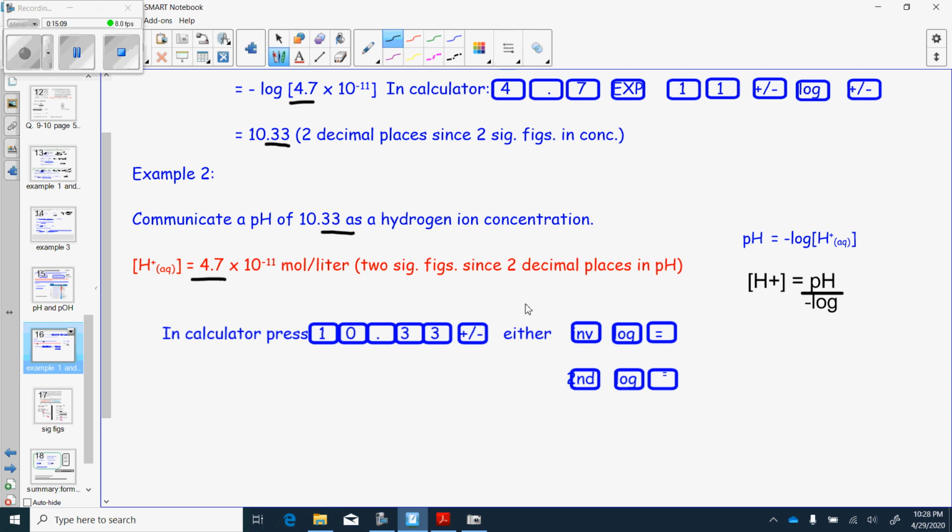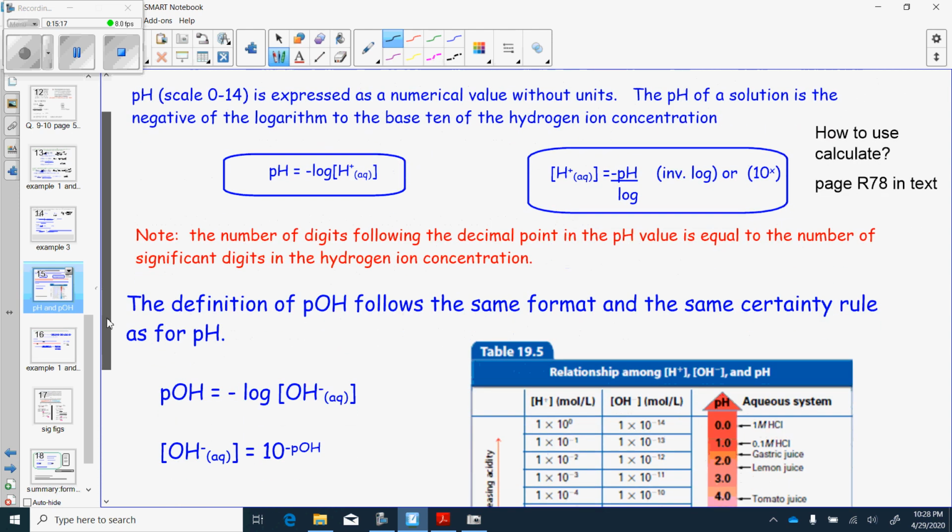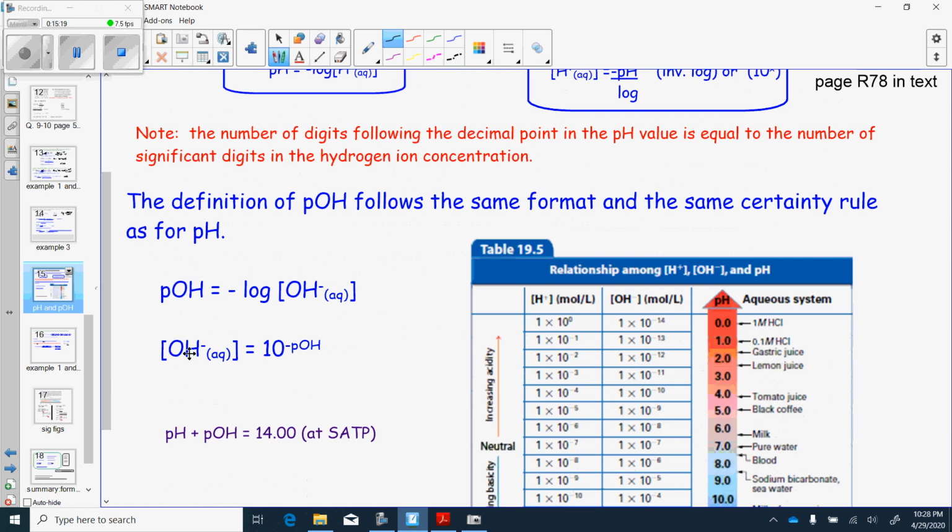You might want to fess around a little bit and make sure you know how it works for you. You can also, if you want to think about it this way, right? It happens to be OH here, but if you're looking for your concentration, you can also take 10 to an exponent of negative pOH.